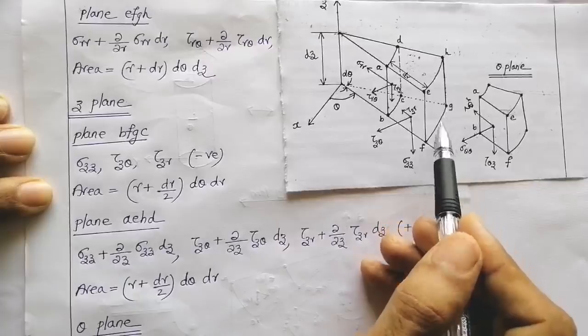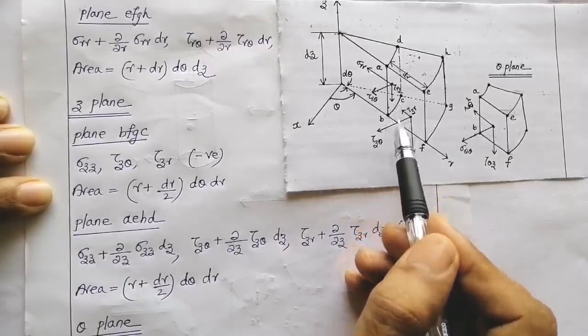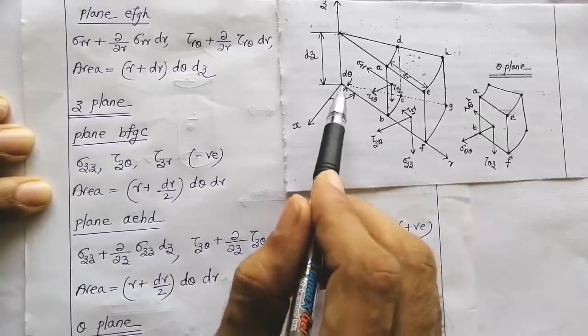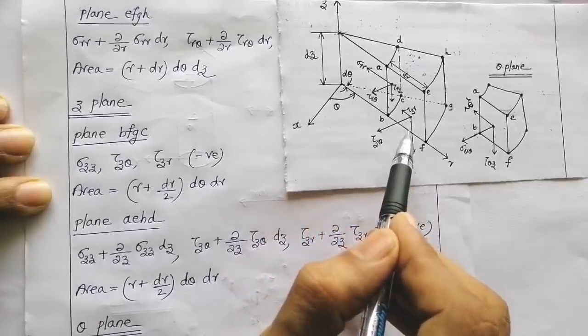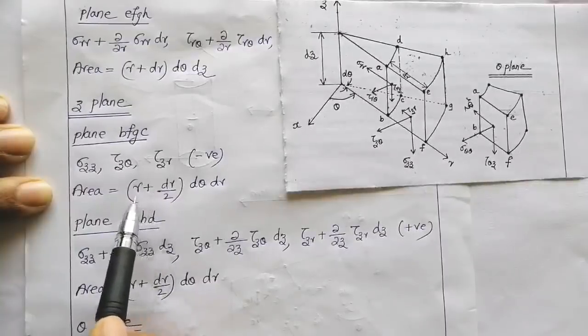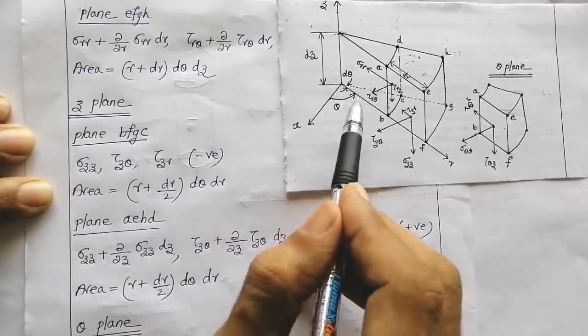Now what about the dimension of FG and BC? We have to get a mean dimension between BC and FG. For that we are taking R plus dr by 2. Remember, we are not taking R plus dr whole divided by 2, we are just taking R plus dr by 2, to get the mean dimension.